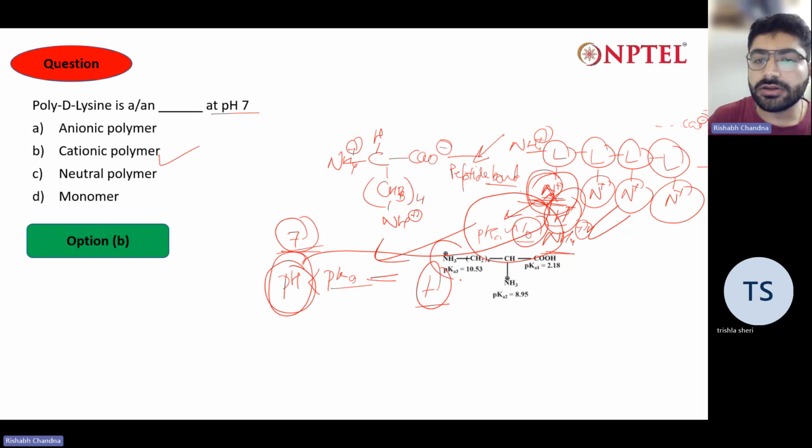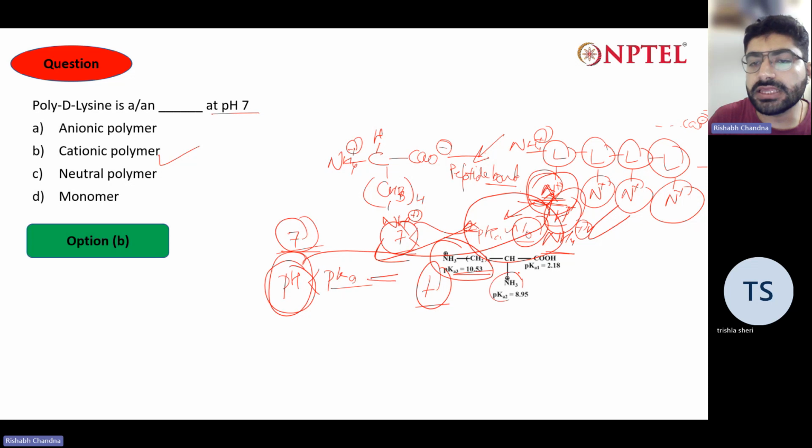The side chain amino group has a pK of 10.53. When pH is less than pKa, with a high hydrogen ion concentration, the hydrogen ions will go and bind, and that will give a positive charge on the molecule.